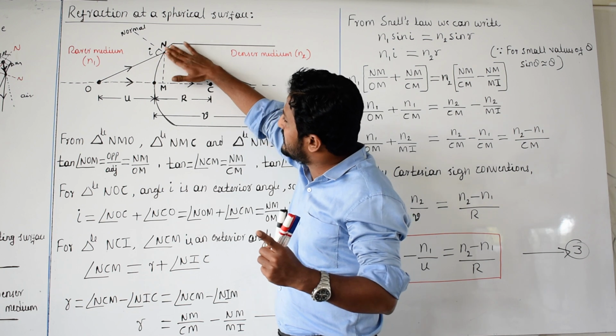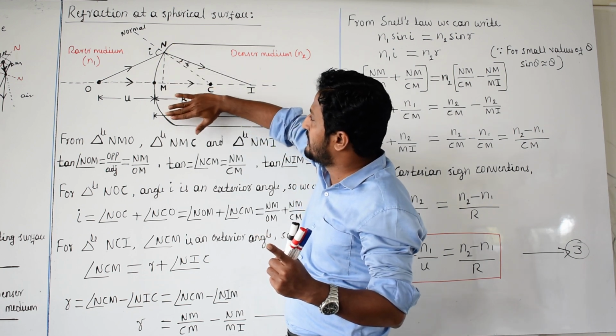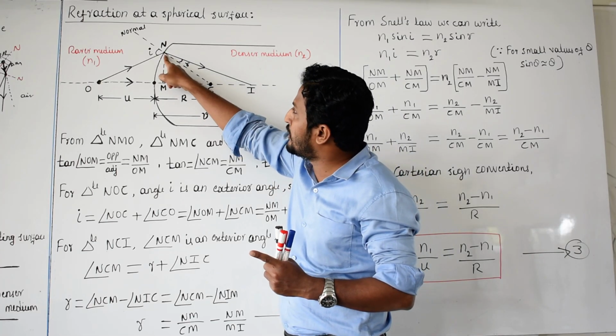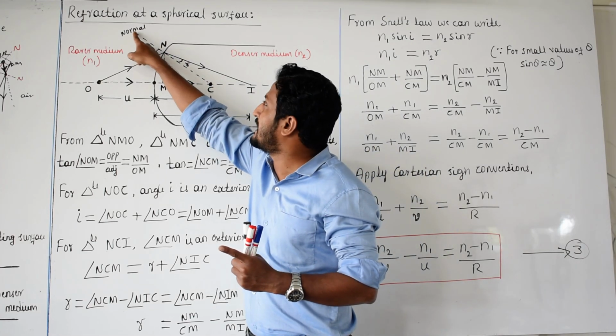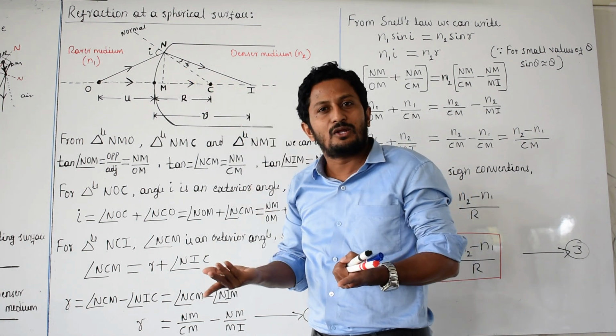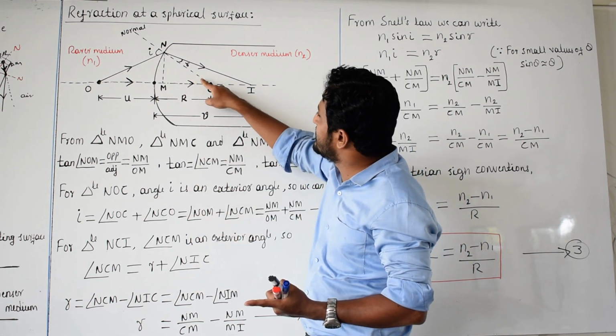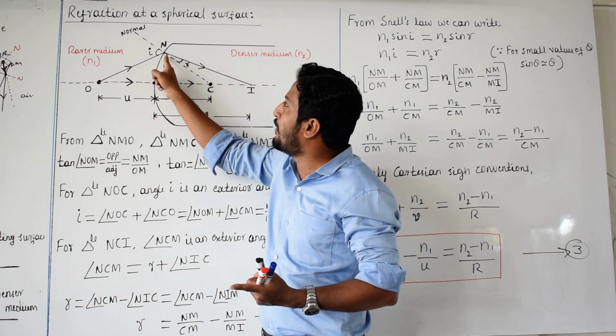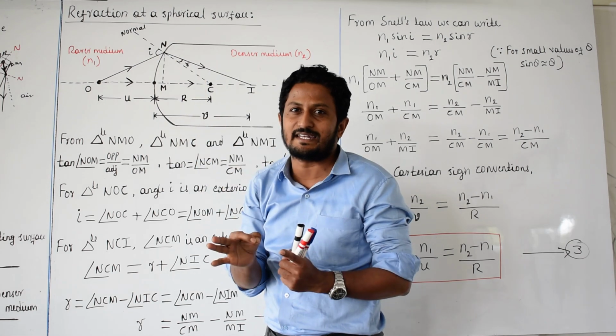This is a curved surface, which has a center point here. To that point, normal means obviously that line which is going to meet at the center. This dotted line is the normal to this point of incidence N.